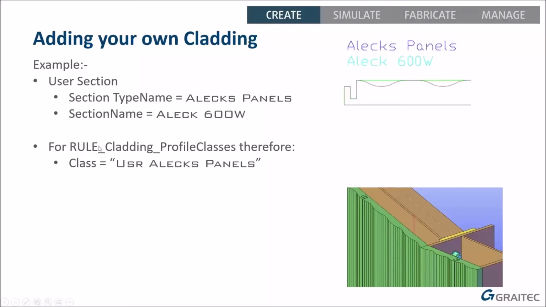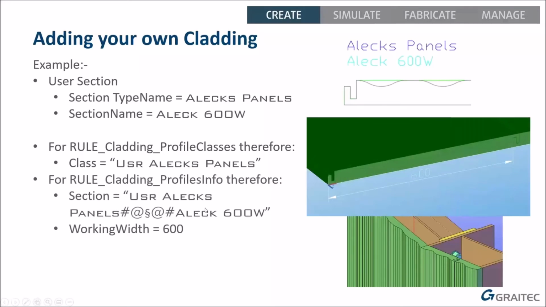But going into the tables, into the database standard for, as we said, the class in the profile classes thing will be USR space Alex space panels, because I've got Alex space panels there, and exactly match what I've typed.